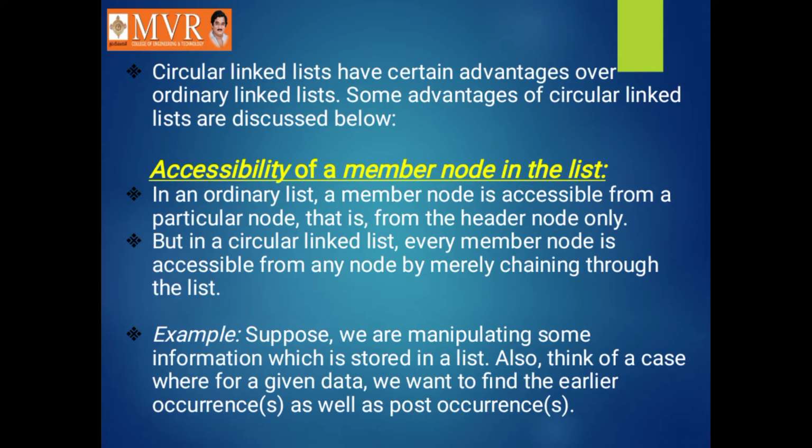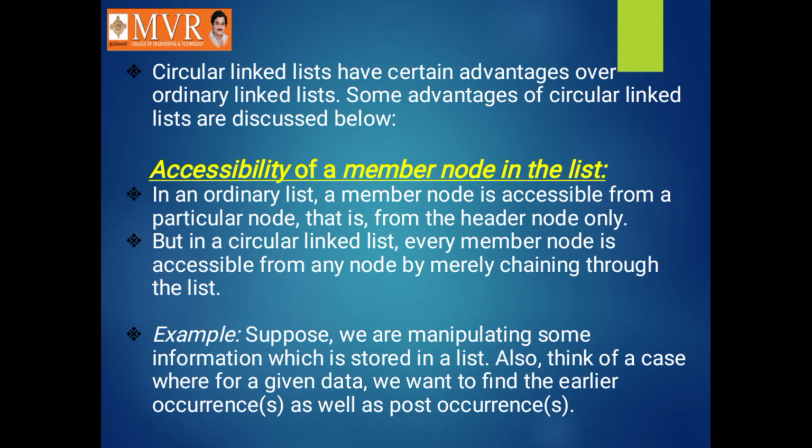Circular linked lists have certain advantages over ordinary linked lists. Some advantages of circular linked lists are discussed below. In a single linked list we can move only in one direction, and it is also known as a one-way list.